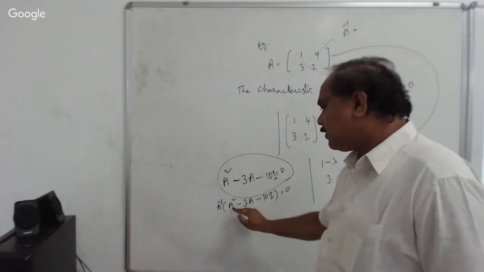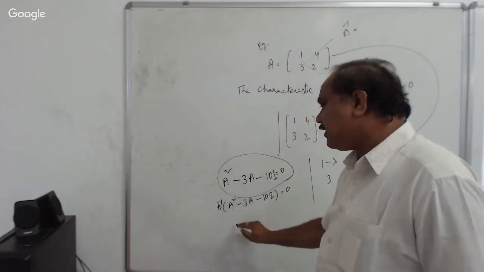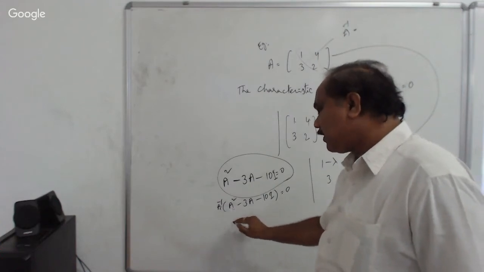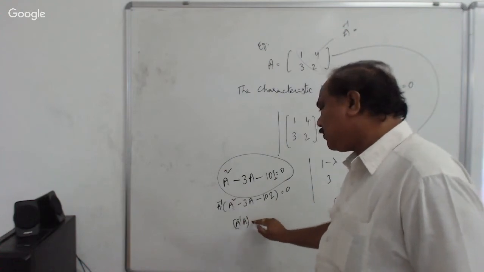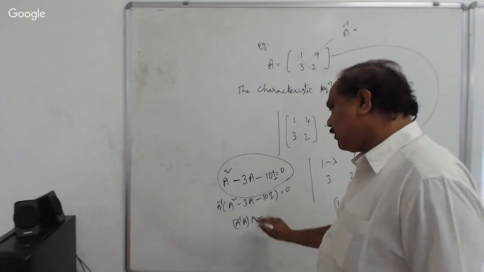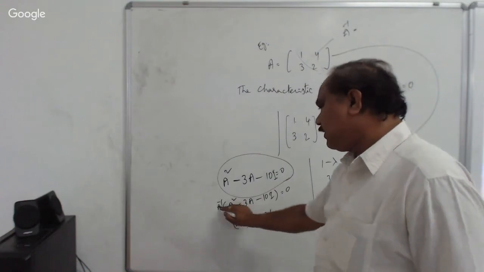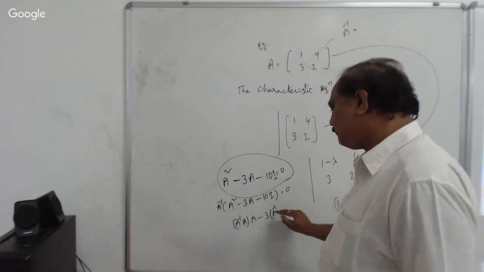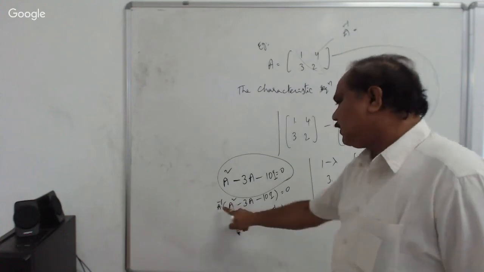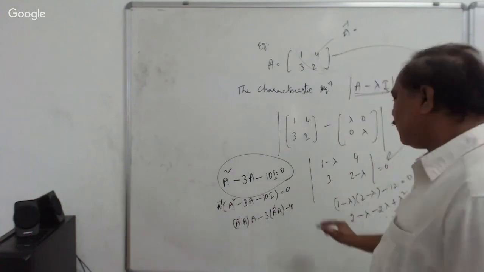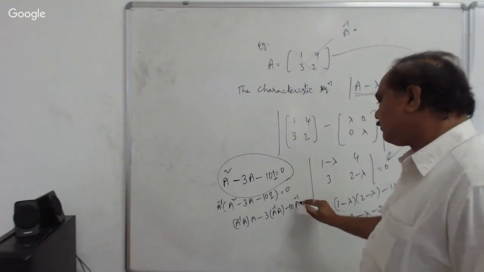Now A inverse into A square: A square can be written as A into A, so A inverse into A means A. Minus 3 into A inverse into A, minus 10 into A inverse into I.